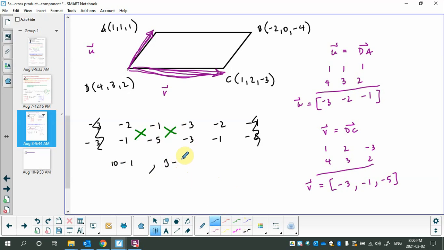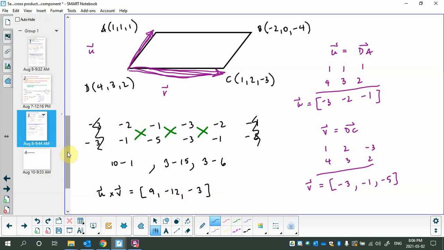Three, subtract 15. Three, subtract 6. So u cross v is equal to 9, -12, -3, which is not the answer. That's the answer to a vector that's poking us in the eye or anti-poking us in the eye.